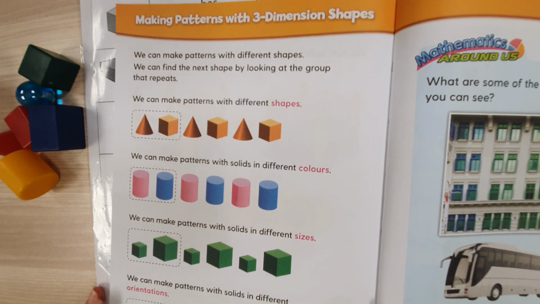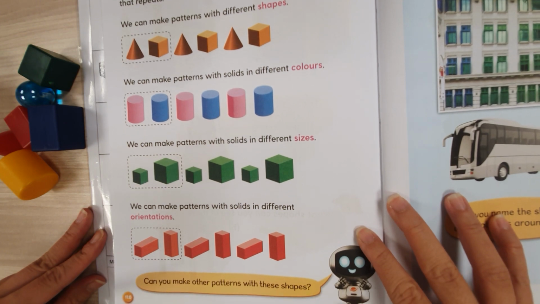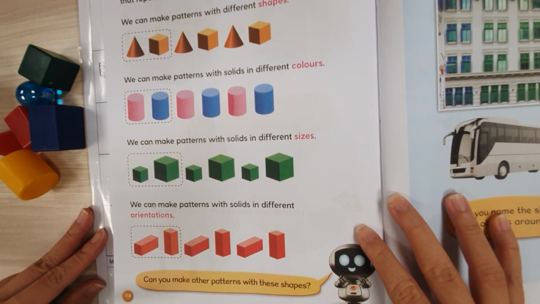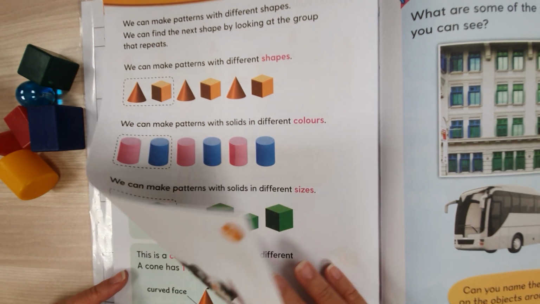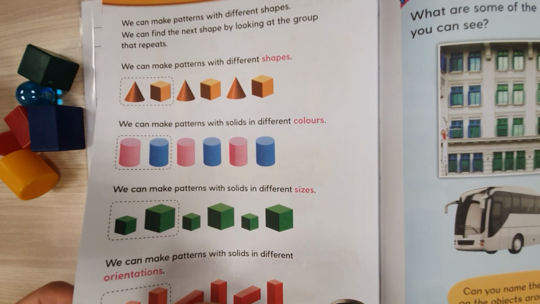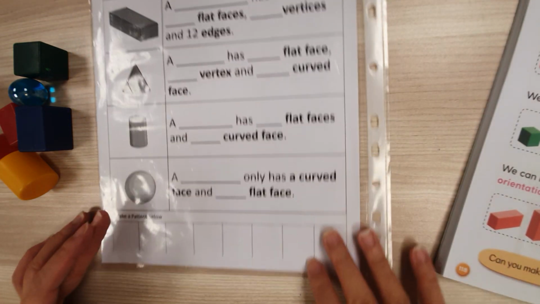We can make patterns with different shapes, different colors, different sizes, and different orientations. And you realize that these patterns can also be made with two-dimension shapes, which we have learned previously as well. Okay, so you can make your own pattern here.